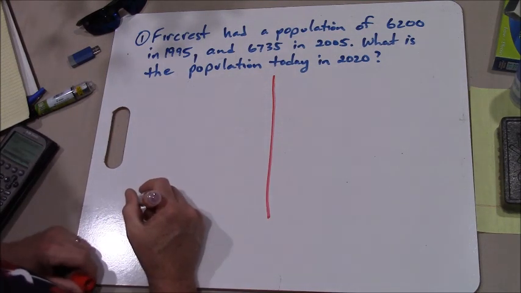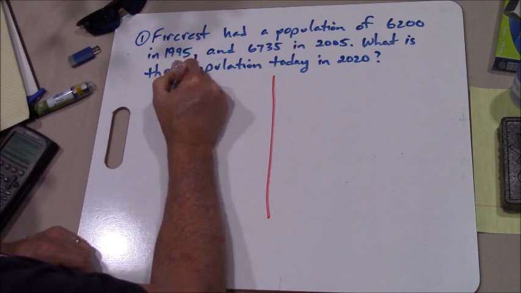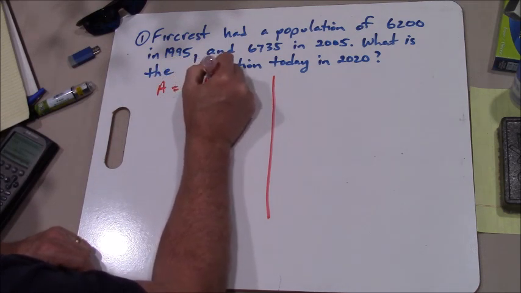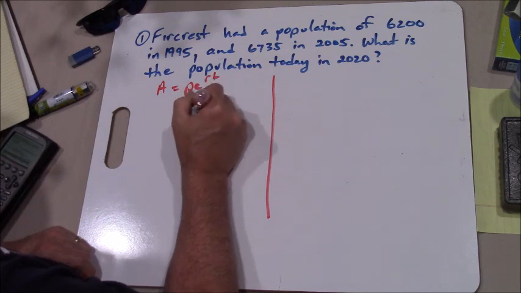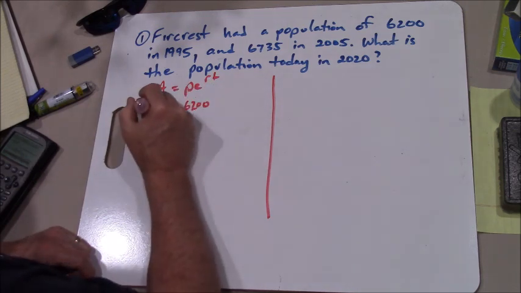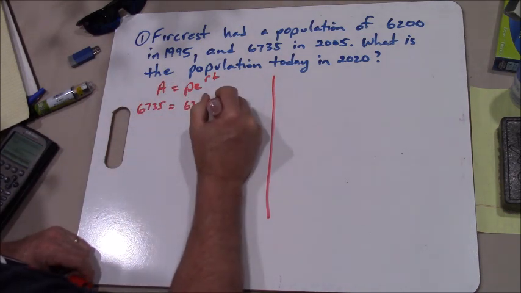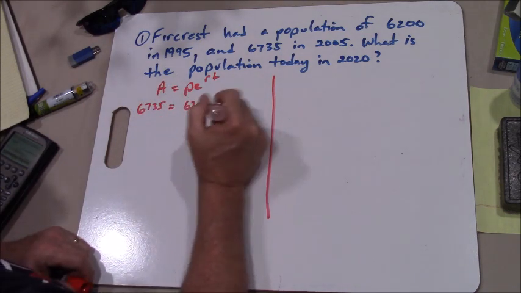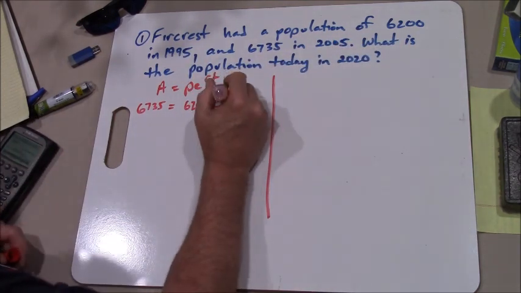All right, so first I'm going to figure out the growth rate. Still using the PERT formula. We had 6,200 people originally. Population grew to 6,735, and it took from 1995 to 2005, it's 10 years for that to happen.